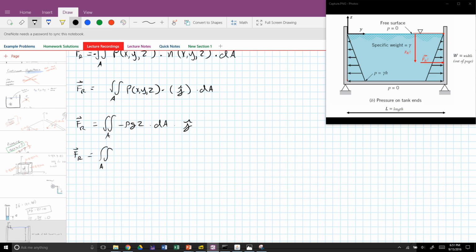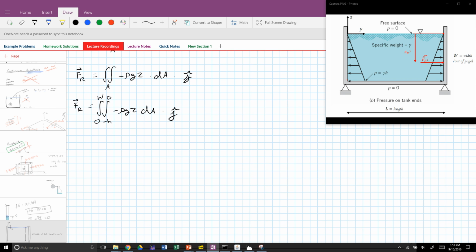Integral over the area. Now we're going to plug in the limits for this integral. So instead of just leaving it as a generic area integral, we'll say that it is from 0 to w, that is the width going into the page, and from negative h, that is the negative depth of the fluid, to 0. So integrating from the bottom of the tank to the free surface, or along the positive z direction, negative rho g z dA times, again, our vector direction.